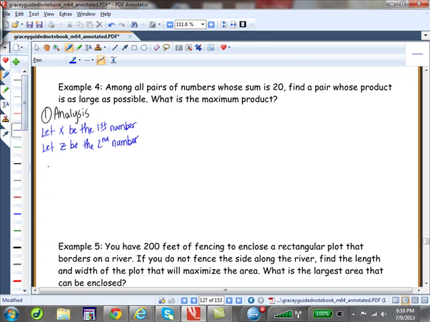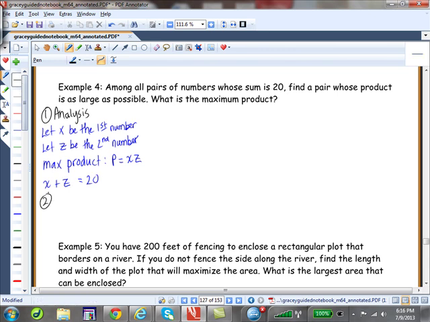Another key piece of information is we are looking for the maximum product. So with these numbers, we can say P equals x times z. We also have this other information. What information do we have? Good, that the pair of numbers sum to 20. So x plus z is 20.